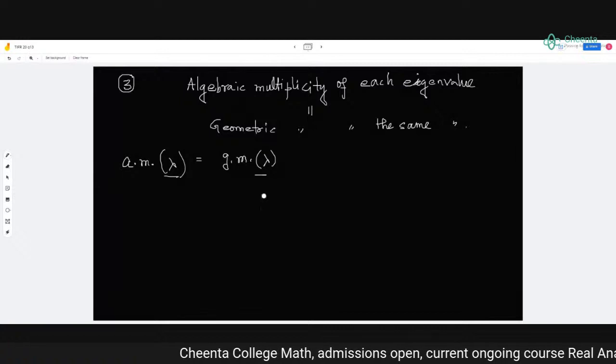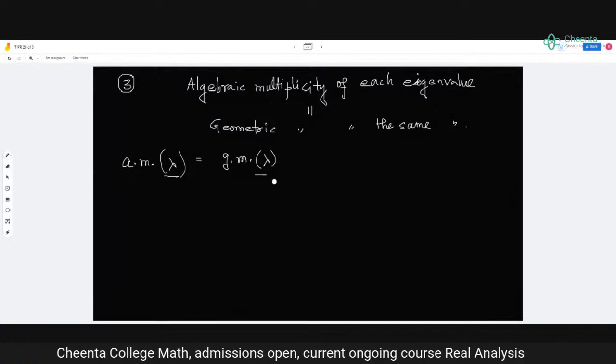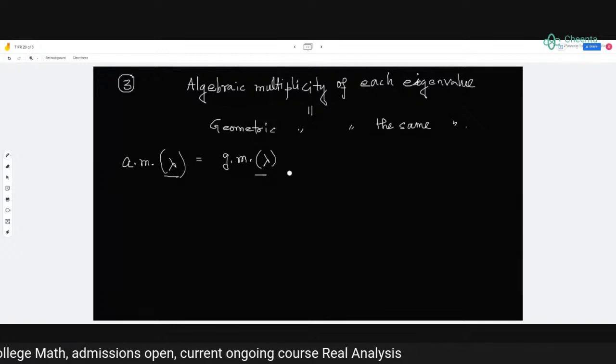What is the geometric multiplicity of an eigenvalue?